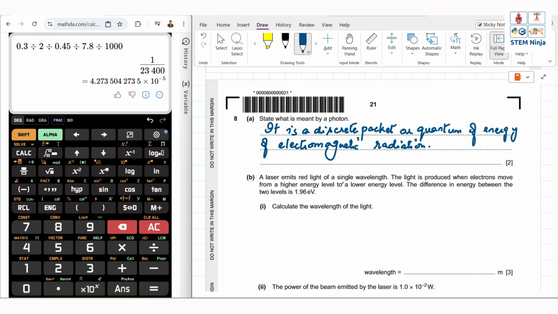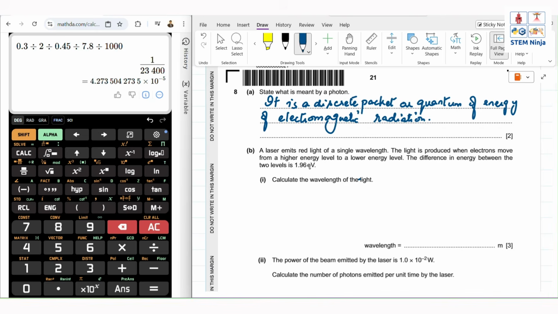A laser emits a red light of single wavelength. The light is produced when electrons move from higher energy levels to lower energy levels. The difference in energy between the two levels is given. So basically they are talking about de-excitation.